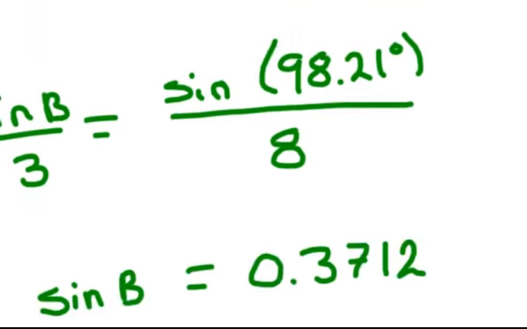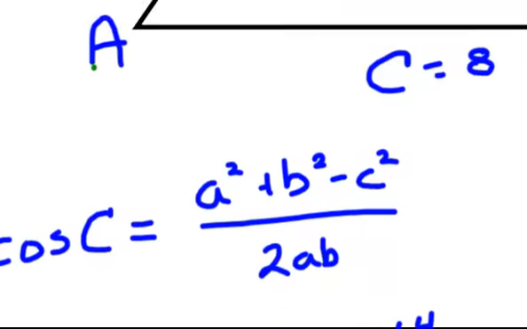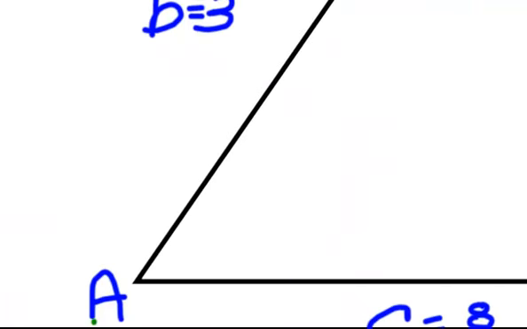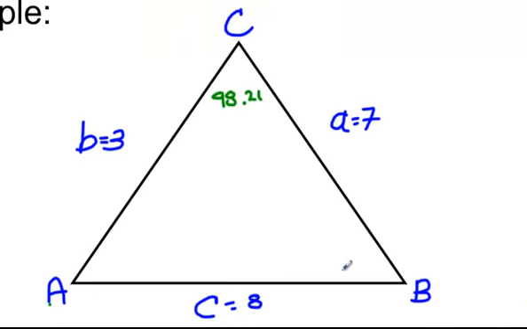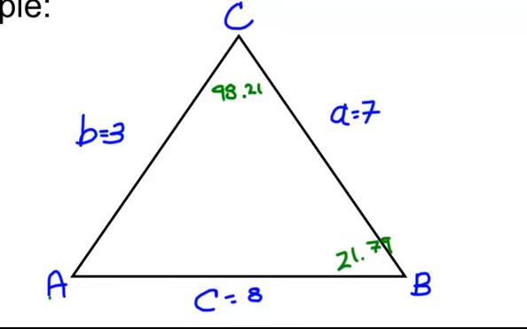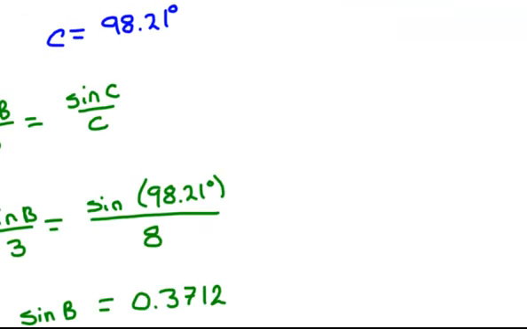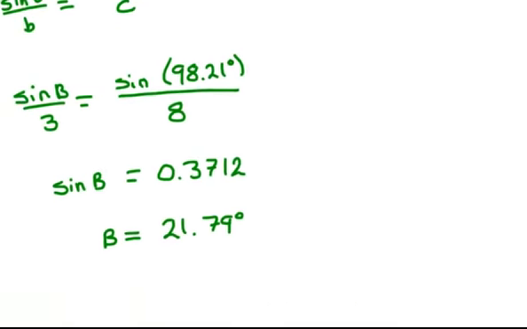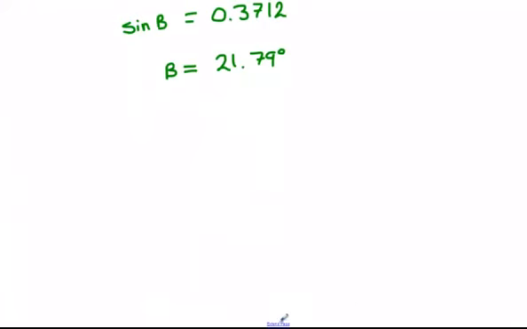So what do I have here? We know this is 98.21, and we now know this one over here is 21.79. That leaves us one more angle to deal with, and that's angle A. Now, what do we know about a triangle? All the angles of a triangle have to add up to be 180.